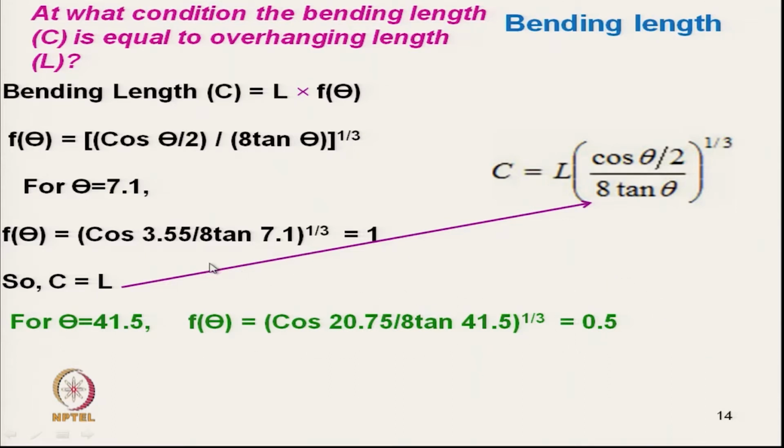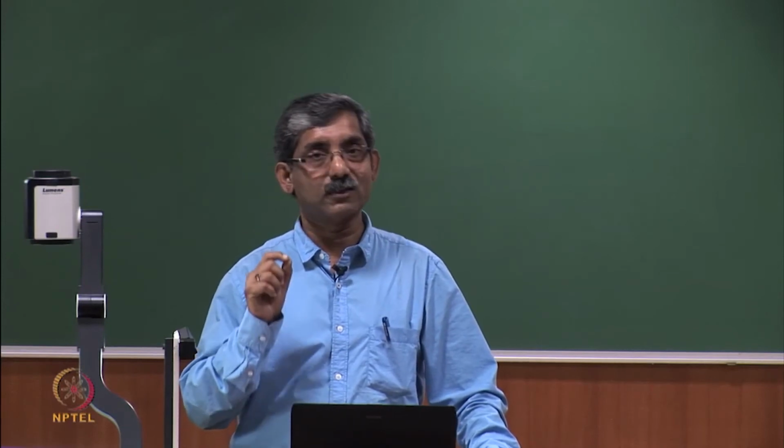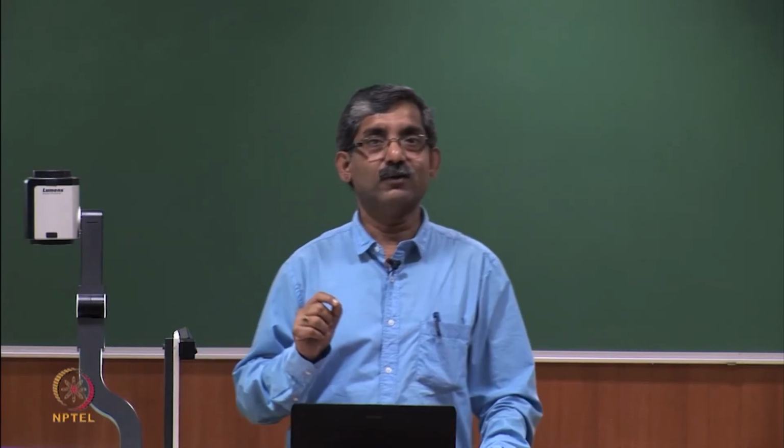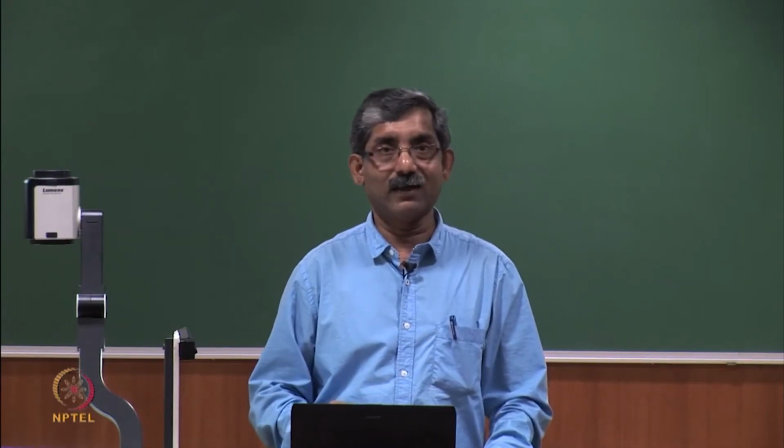Ideally the function of theta should have been 1, and then we could directly use the overhanging length equal to C. But as I have mentioned, most fabric samples are stiff in nature, and 7.1 degree is a very small angle, so it is very difficult to measure exactly.